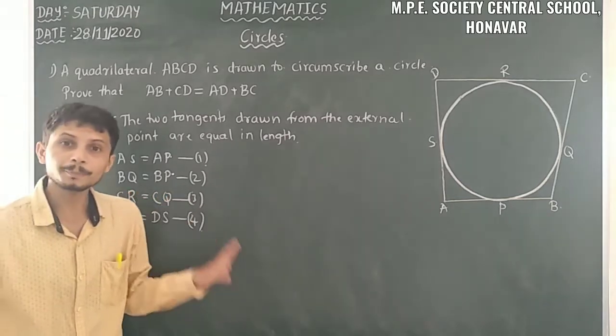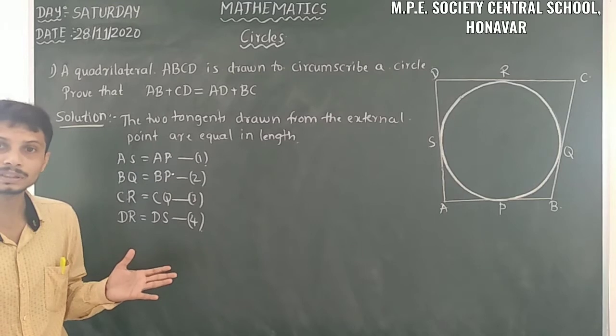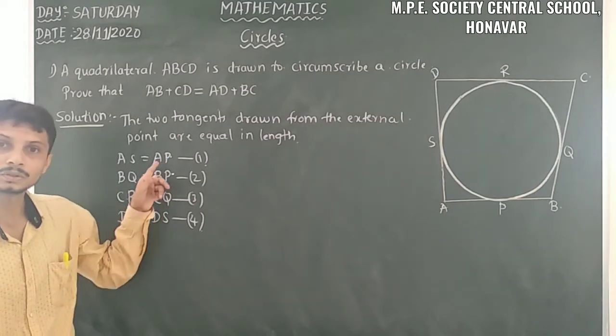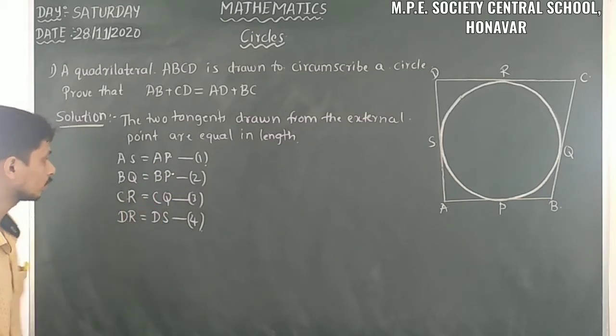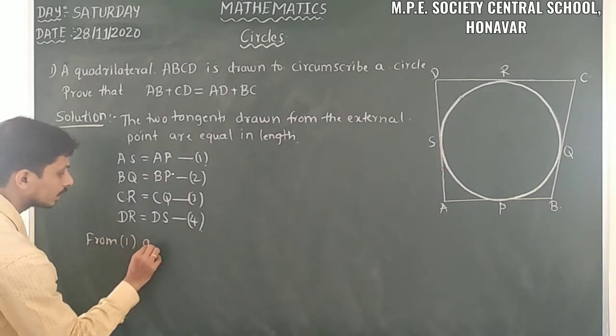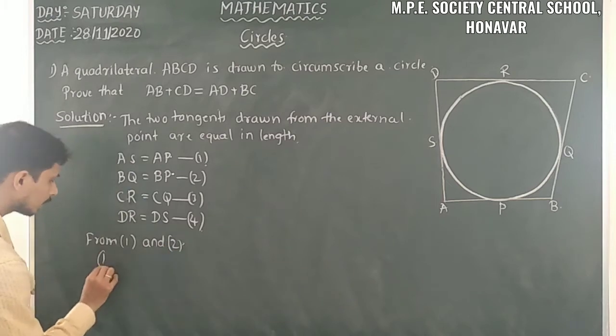After that we have to add these equations. How to add them? Just observe AP plus BP. We have to add these two first, from equations 1 and 2. That is 1 plus 2.